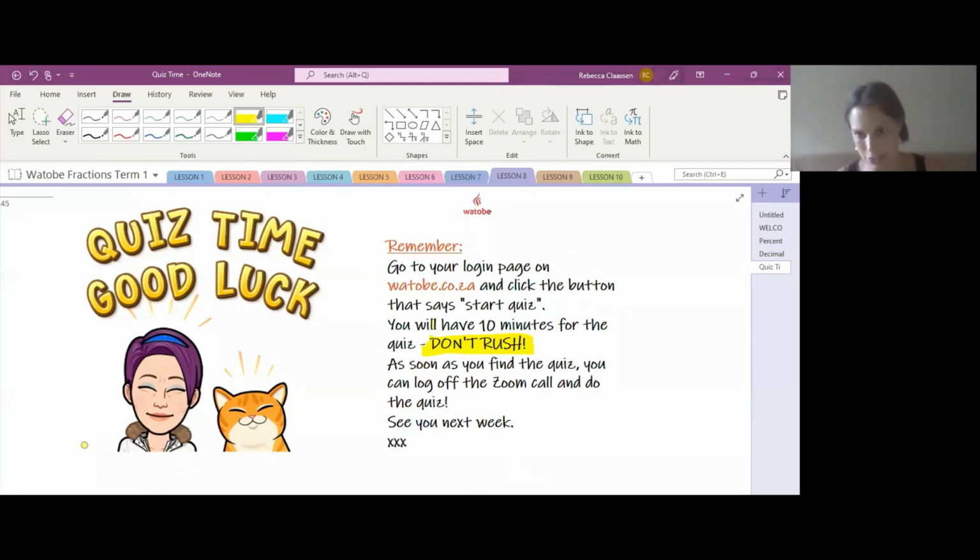You need to work out the questions on a piece of paper, find the correct answer when it's multiple choice or true and false. So please don't rush. Take your time. 10 minutes, I know it doesn't feel like a long time, but it's actually a super long time. When you've got 5 questions, 10 minutes is a huge amount of time. So it's plenty for you to finish.